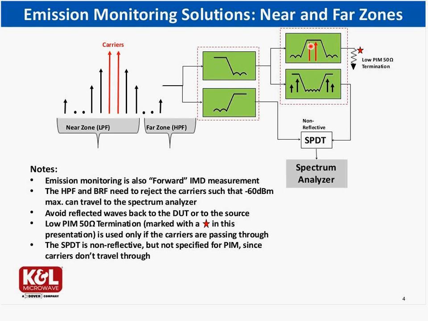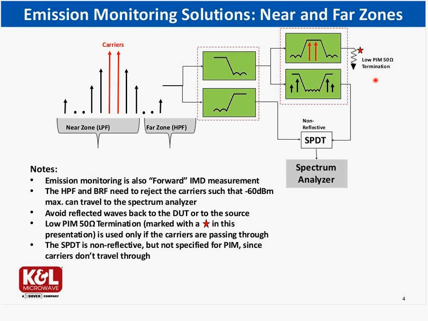And in the near zone, we see a new diplexer, bandpass bandstop configuration. Here we terminate the bandpass with a low PIM termination, from now on noted with the red star. In reference, for instance, when we don't need a low PIM termination, you will see that the red star was taken out.